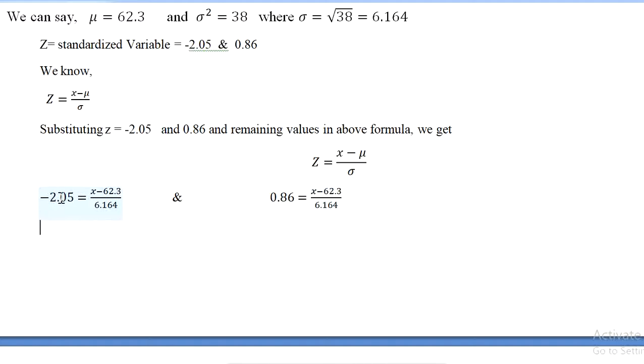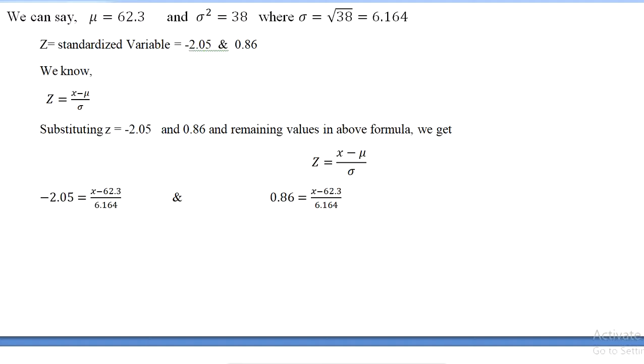So this is the first value of z and this is the second value of z. I have substituted all the values in this formula and the only remaining thing is x, that is the requirement. So we will separate it and we will find the value of x.